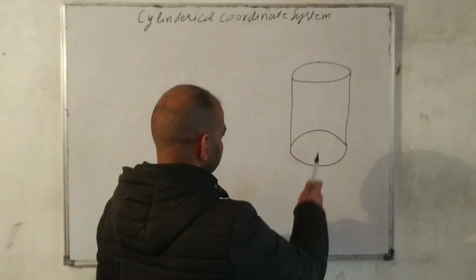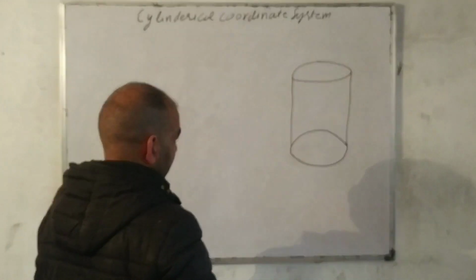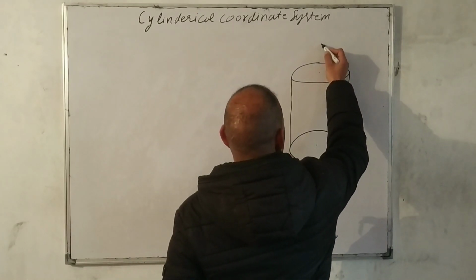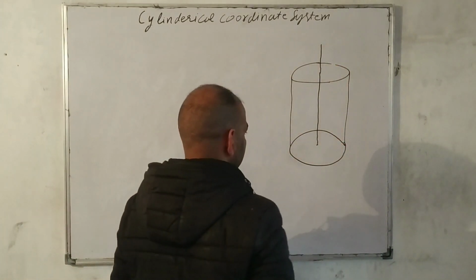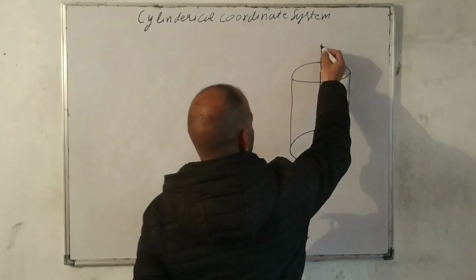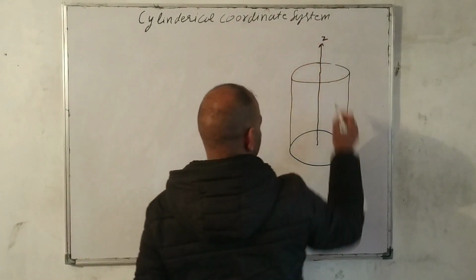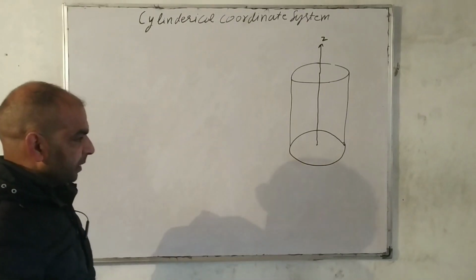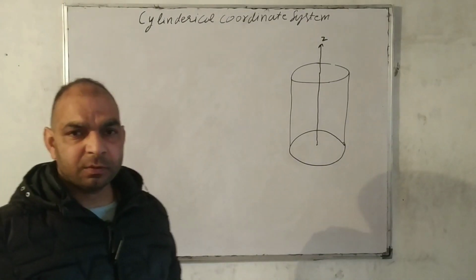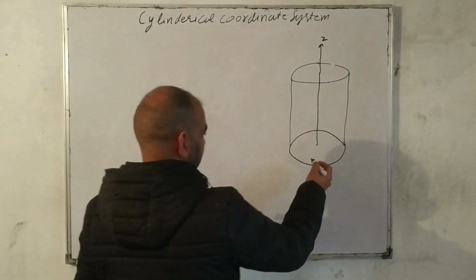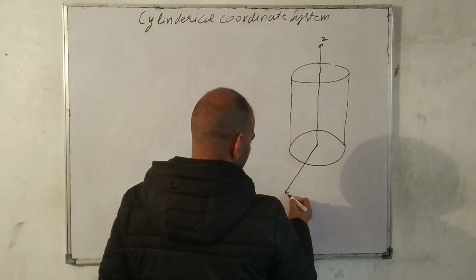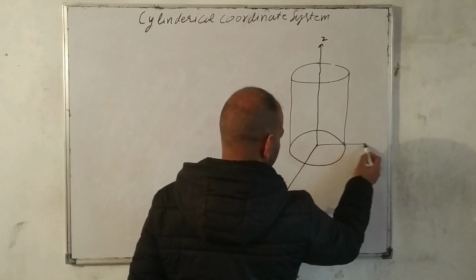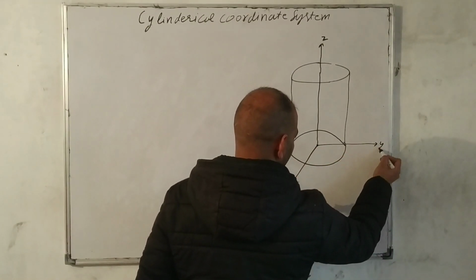So we have this cylinder and this is the axis of the cylinder. It is along the z direction. Similarly, we will draw the axes of the Cartesian coordinate system, like this is the x axis and this is the y axis.